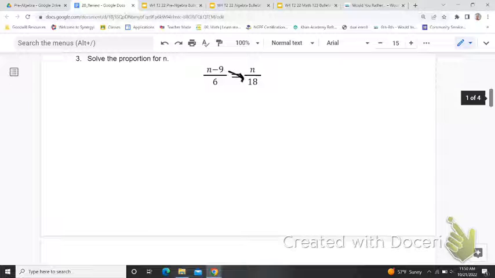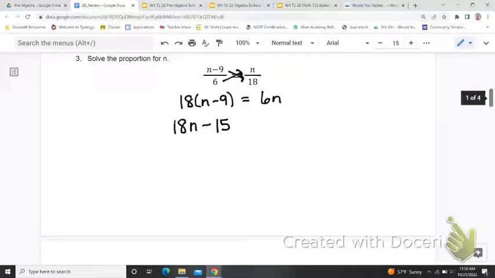So crisscross, so 18 times n minus 9. 6 times n equals, in the middle, 18n minus 18 times 9, so times negative 9, so negative 162. Yes, 162. Negative 162 is 6n.